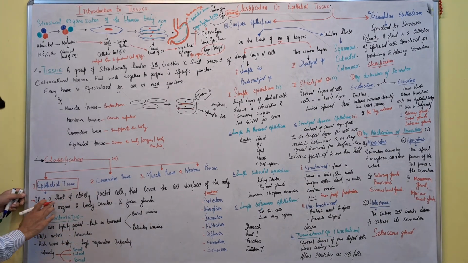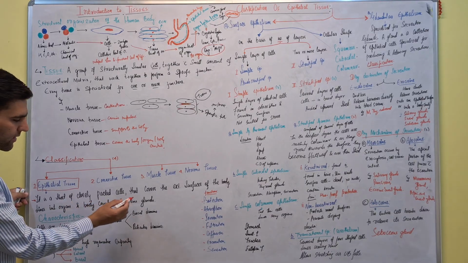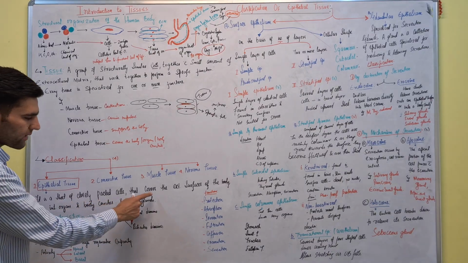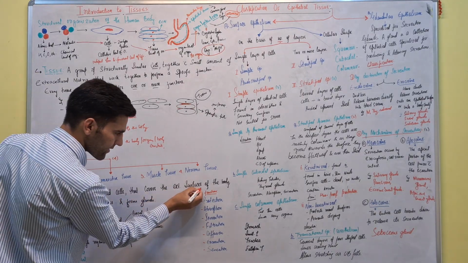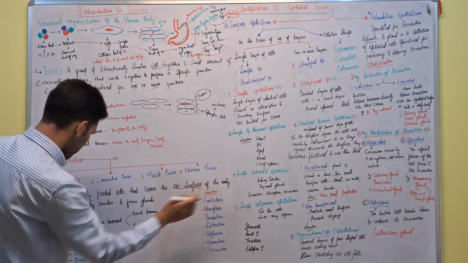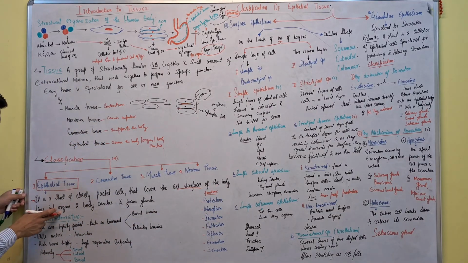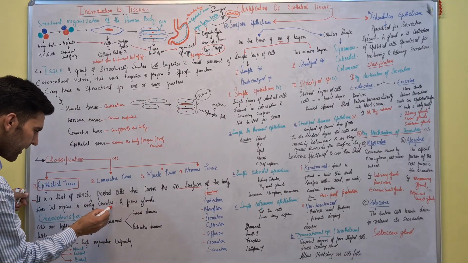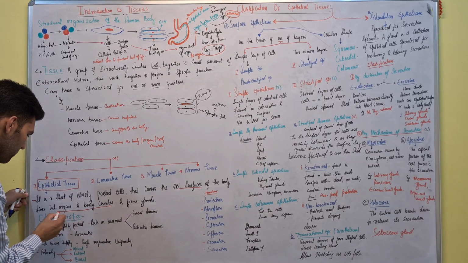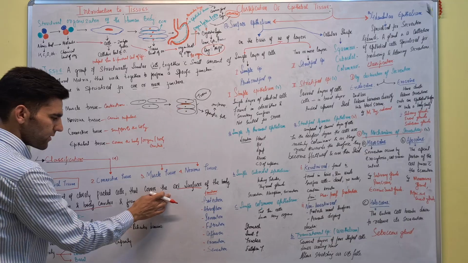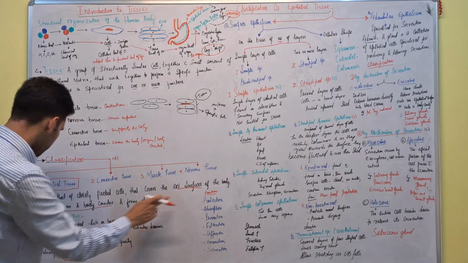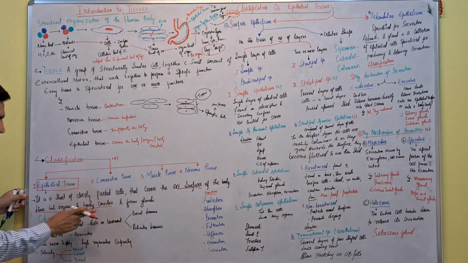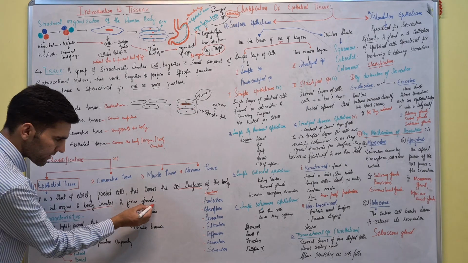Epithelial tissue is a sheet of closely packed cells, that is, the cells are close together, that covers the external surfaces of the body, lines internal organs and body cavities, and forms glands. If I have to break the definition, I can break it into two parts. First, it covers the external surfaces of the body, lines internal organs, or lines body cavities. Another is that it forms glands.